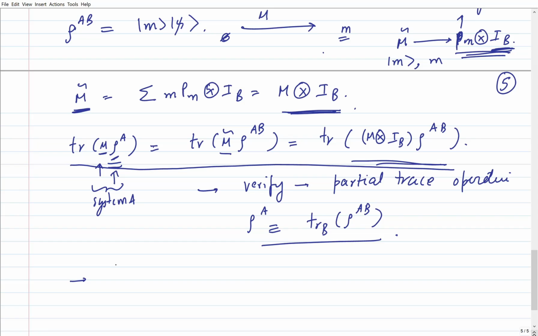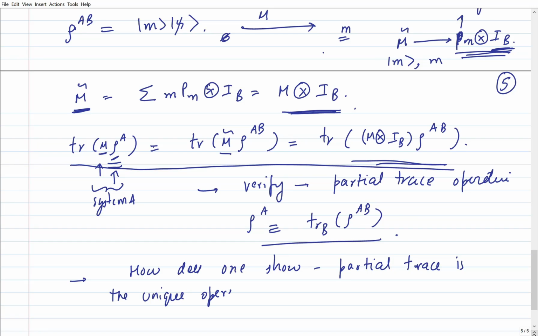Now, how does one show that partial trace is the unique operation, the only operation that satisfies this? There are several ways of doing that, but just think about it.